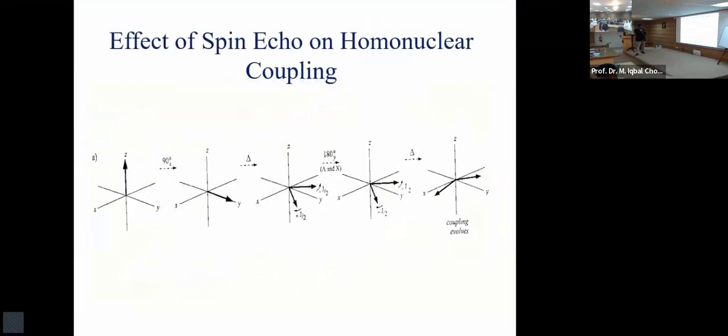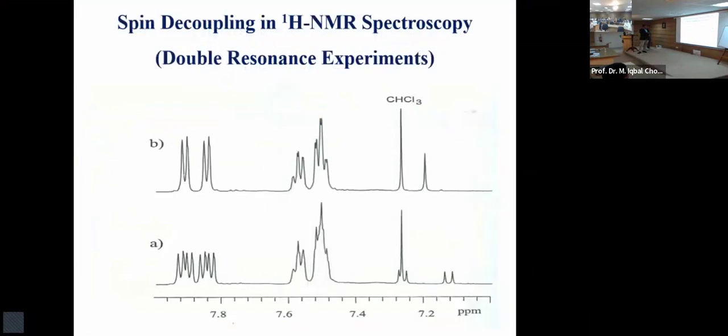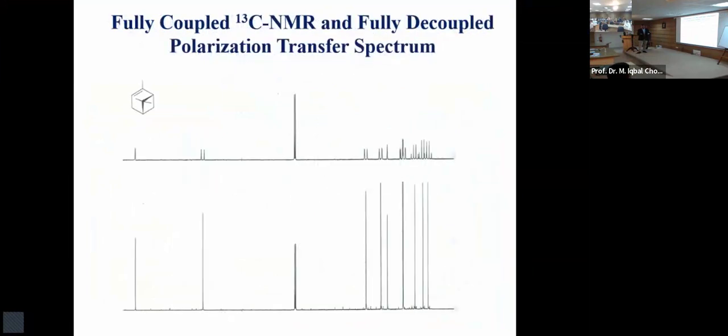And then I took you to that beautiful spectrum. And I said that this is the fully coupled C13 spectrum of the small molecule menthol, which is an alpha-pinene.